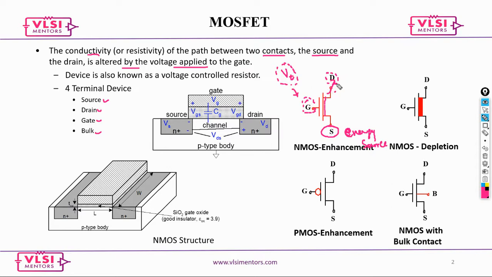That is the behavior of a MOS. You are transferring the charges from source to drain when the gate is on. That's a simple way to put it. Any questions here? Just a basic MOSFET.